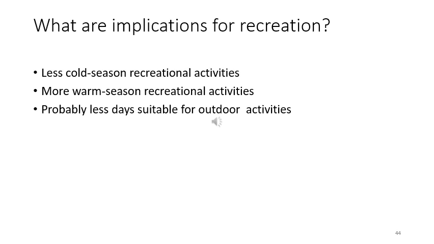On the other hand, we see more opportunities probably for more warm season recreational activities, some water activities, but this can also work both ways. Again, I want to invite you to think about what it can mean for warm seasonal recreational activities. On one hand, we might have more warm days. We also have more heat waves. We also see more mosquitoes.